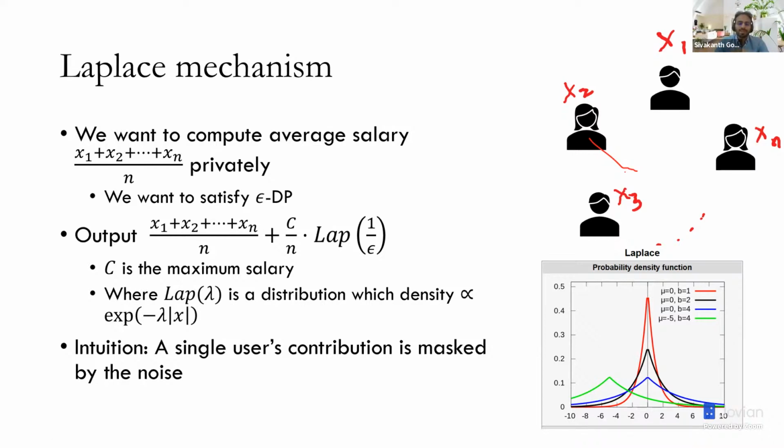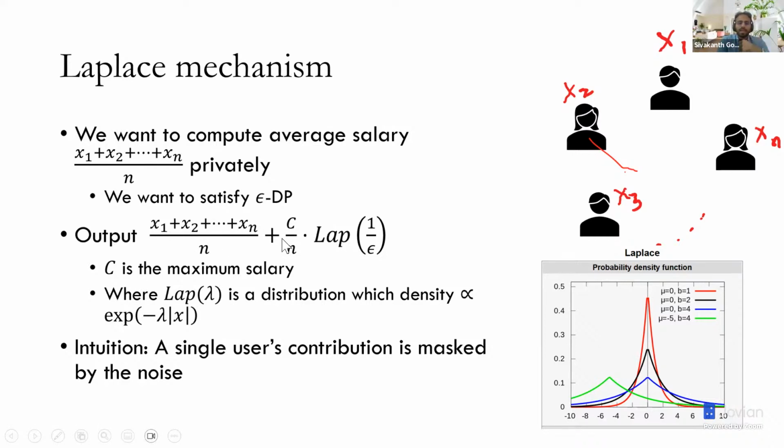Now this noise makes it really hard for me to find a particular user's salary. Why is that? Because even if I know everybody else's salary, let's say everyone except X1, what I will then know is X1 over N plus C over N times some Laplace noise.